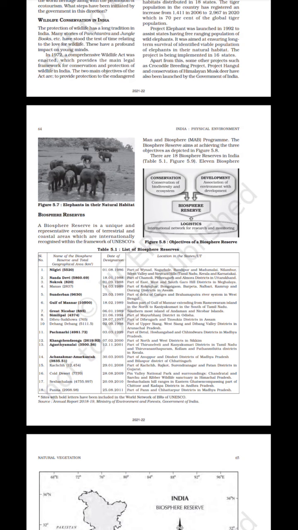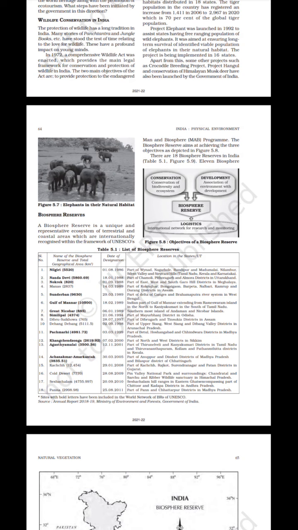Cold Desert, 7,770, 28/8/2009, Pin Valley National Park and surroundings, Chandratal and Sarchu and Kibber Wildlife Sanctuary in Himachal Pradesh. Seshachalam, 4755.997, 20/9/2010, Seshachalam hill ranges in Eastern Ghats encompassing part of Chittoor and Kadapa districts in Andhra Pradesh.